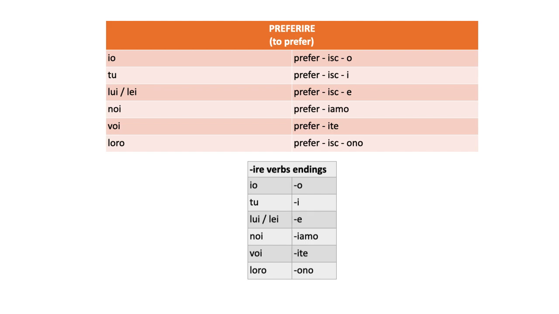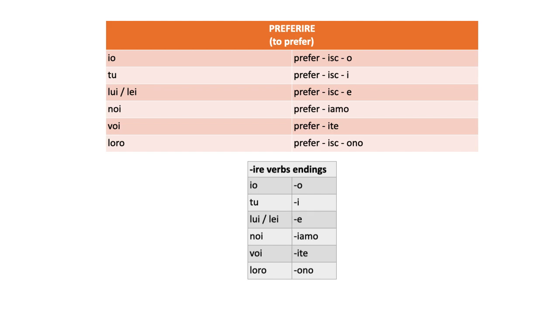So the difference is that in some of the forms of these verbs, we insert isk, isc, or in Italian, esc, right? We insert those three letters in between the stem and the ending. In what forms of the verb do we insert isk?